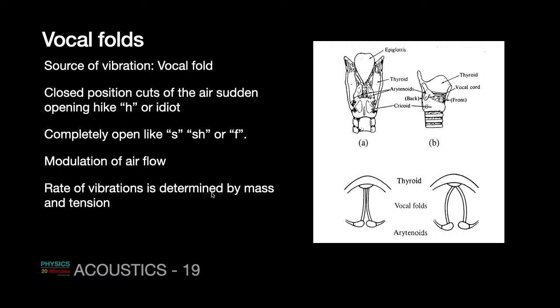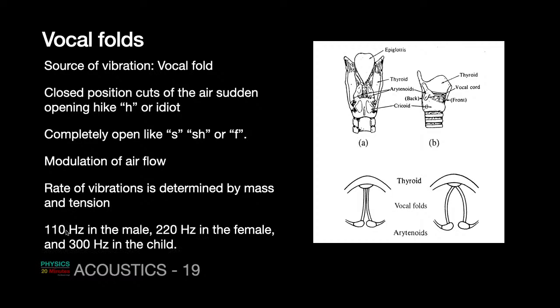The rate of vibrations, as we have said, is determined by the mass and the tension. It is typically 110 hertz in a young male, 220 hertz in a female, and 300 hertz in a child. So in children, the base frequency is normally very high.